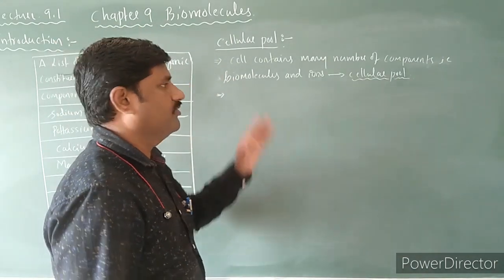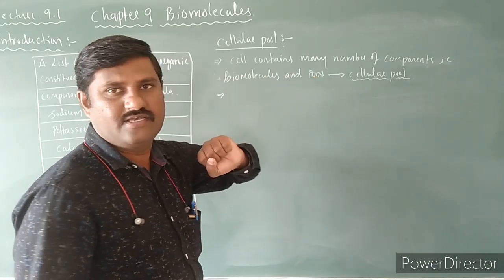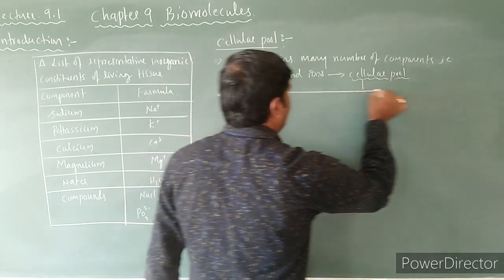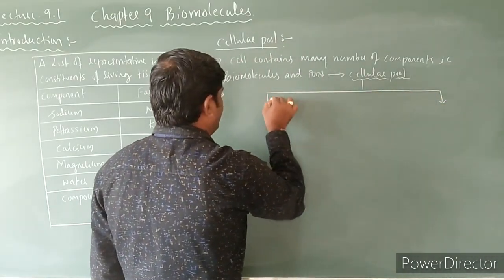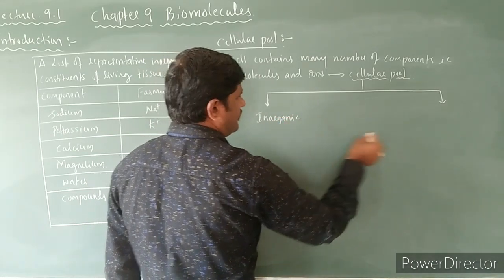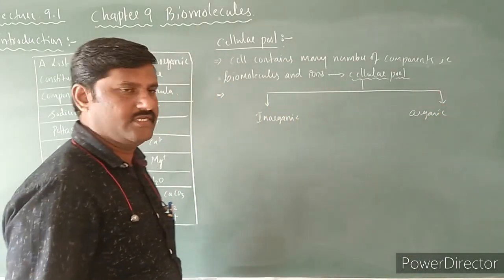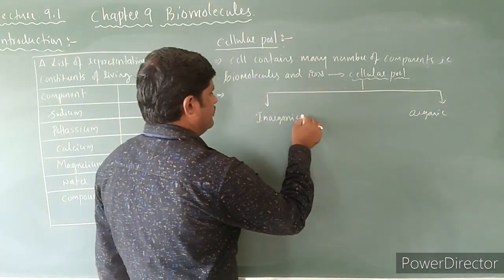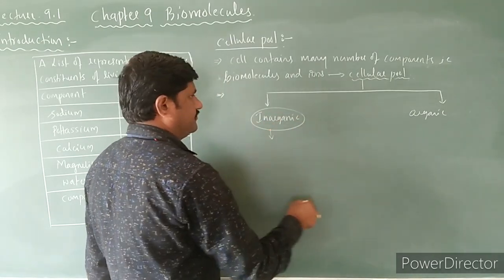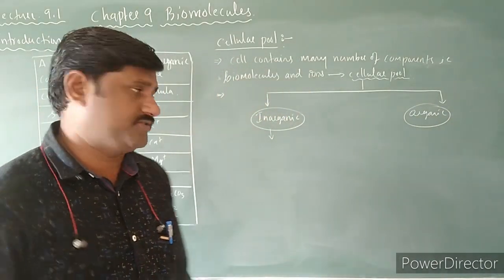And this cellular pool, as I said, contains many biomolecules as well as ions. And this cellular pool is mainly consisting of what? Inorganic as well as organic substances. The inorganic ones and the organic ones are usually present in different phases.